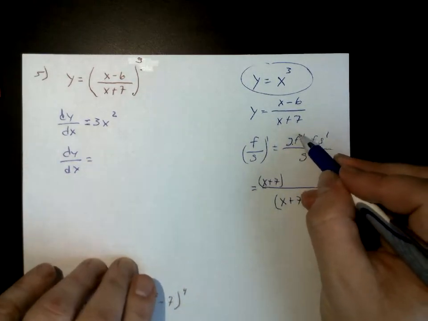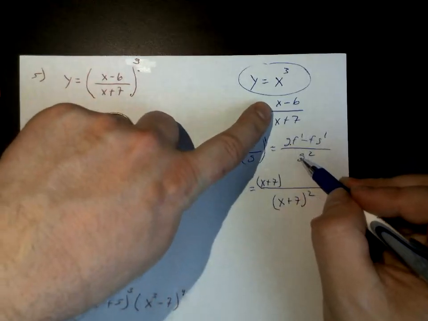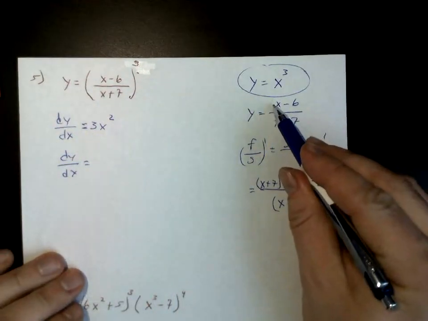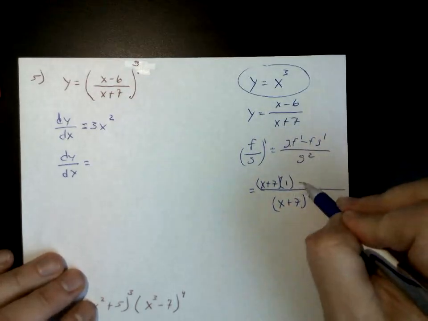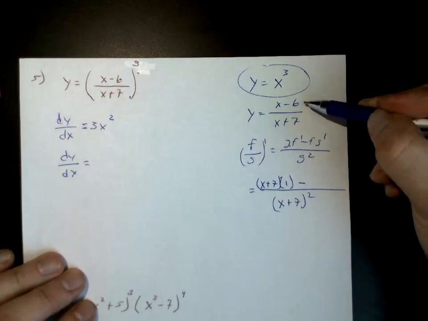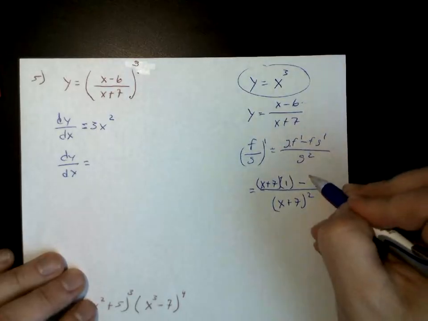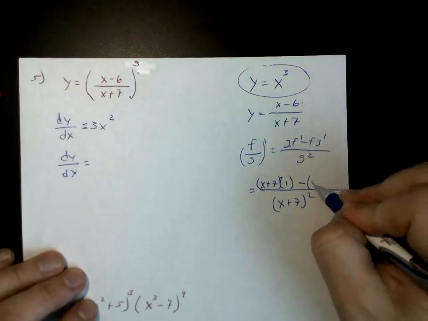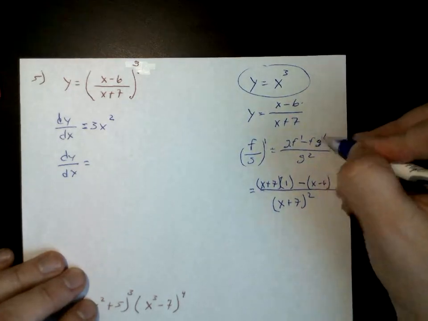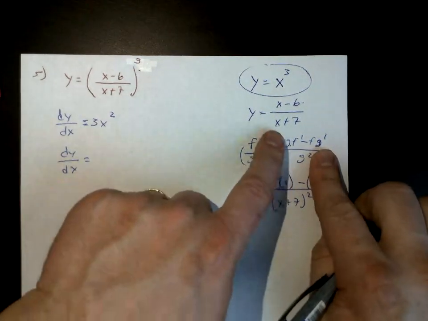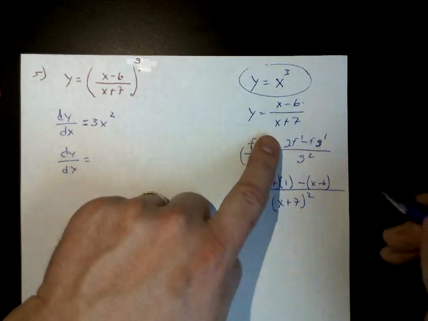Take the derivative of the top. So the top derivative is going to be 1. Minus. Leave the top. Put a parenthesis. Minus 6. Take the derivative of the bottom, which is going to be 1.